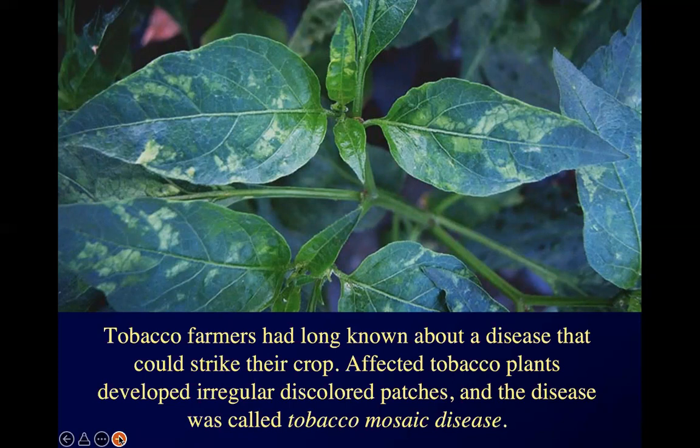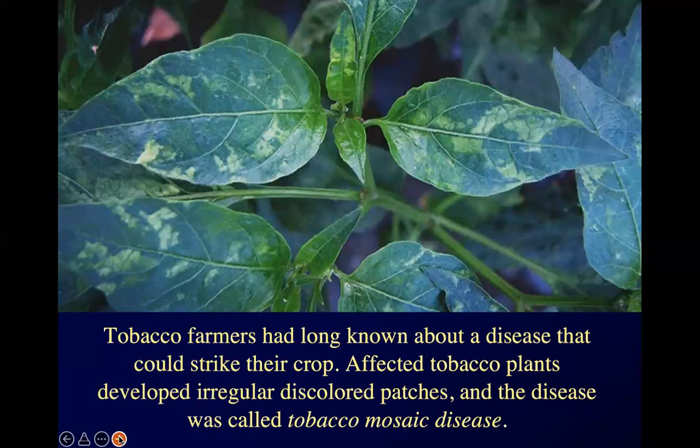You can see how these leaves aren't solid dark green. They've got kind of yellow-green patches on them. And the disease was called tobacco mosaic disease. Remember, a mosaic is a picture made by putting pieces of tile together to make a pattern. And these leaves look like you have patches of green and yellow that have been put together, hence the name.